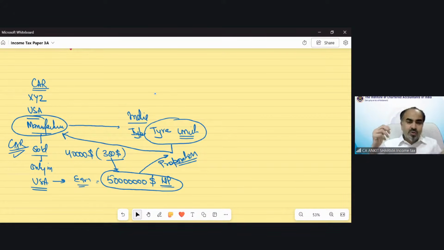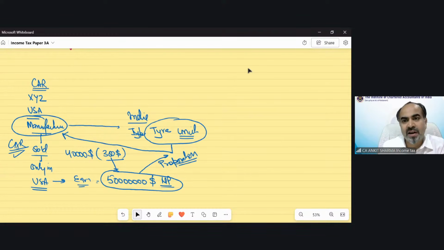So what this point wants to explain is that if not all operations are going on in India, then only the proportionate part of operation would be treated as the operation carried out in India, and the income which belongs to that part could be treated as deemed to arise in India. How much income is going to be treated as deemed to arise in India in this case will depend upon the facts of the case. But full income will not be treated. Only a proportionate part which belongs to the operational activities carried out in India could be treated as deemed to arise in India.